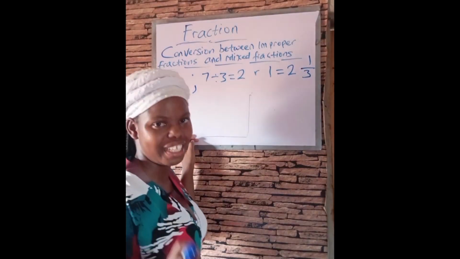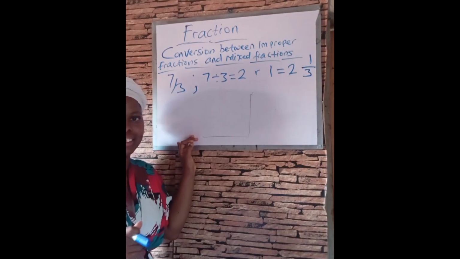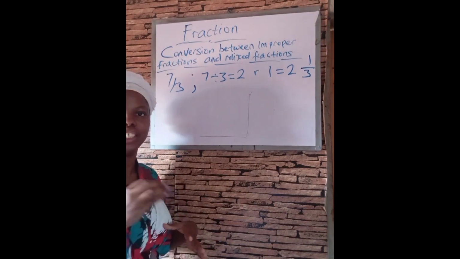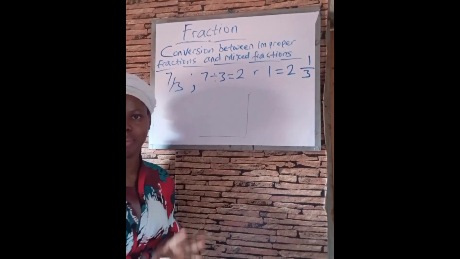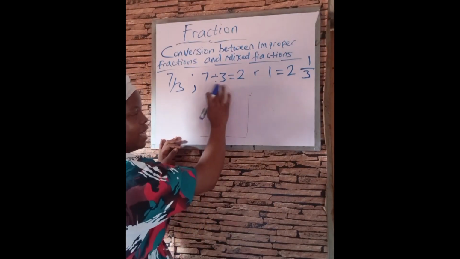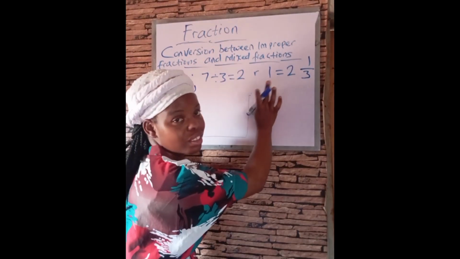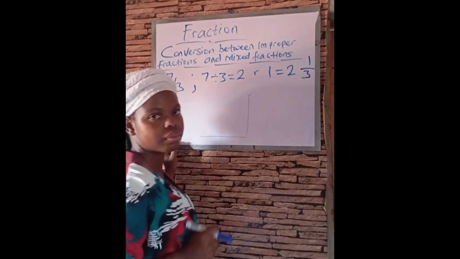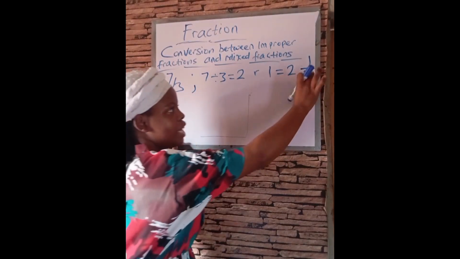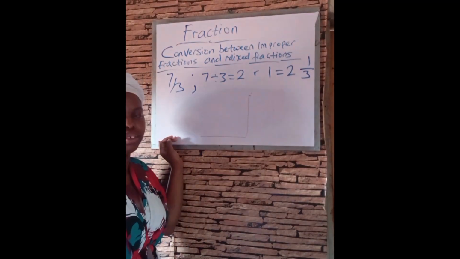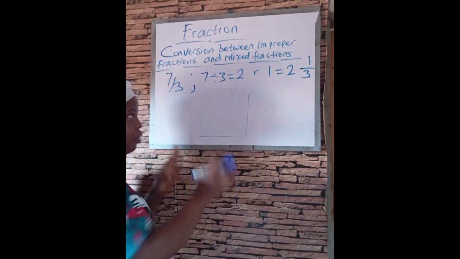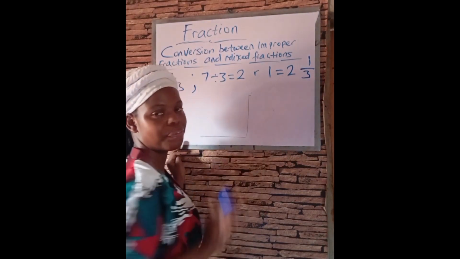The first thing to do is you divide the numerator by the denominator. Remember, the numerator is greater. So in this case, 7 divided by 3 will give you 2, remainder 1. So you write that 2, you keep the denominator, then the remainder you put as the numerator. So that's how you convert from improper fraction to mixed fraction.